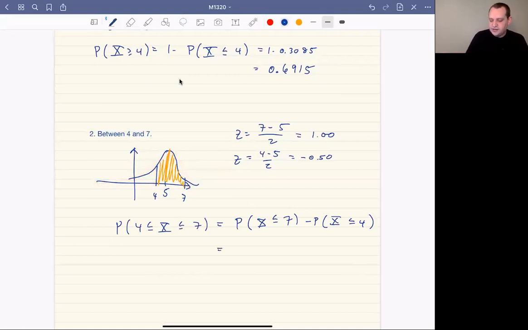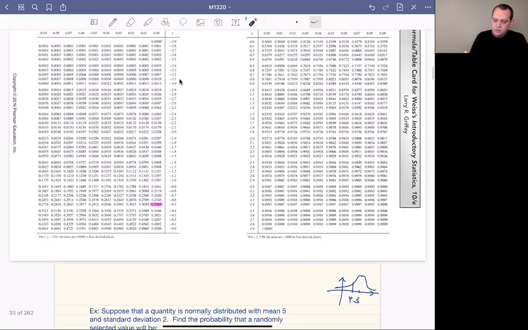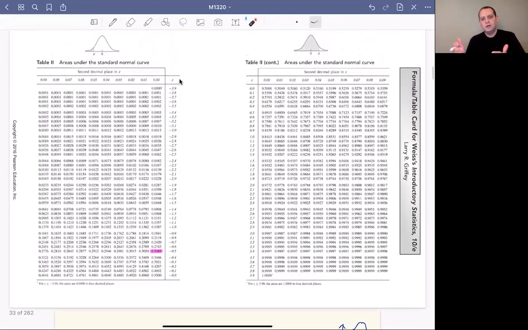All we have left to do is to go up to the table and look up the area under the standard normal curve up to 1. Since our standard variable is positive, it's to the right of the mean, so our value is going to be over here.